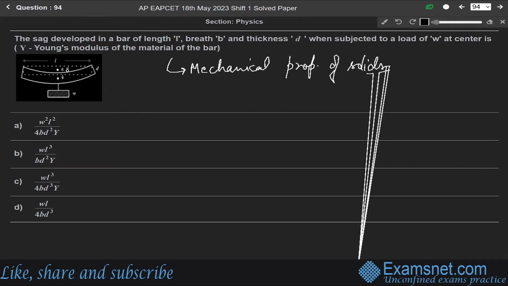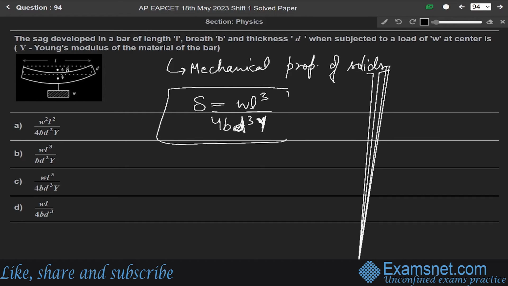When a bar of length L, breadth B, and thickness D is subjected to a load W at the center, then the sag developed delta is equal to W L cube over 4 B D cube Y, where Y is the Young's modulus. So this is a direct formula which we often use to solve the numerical questions.